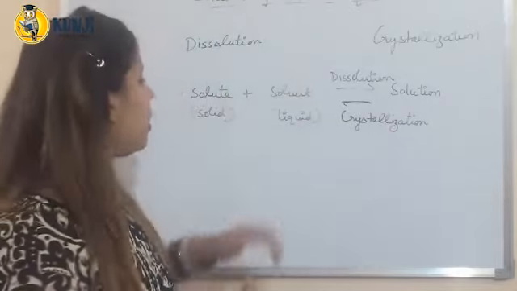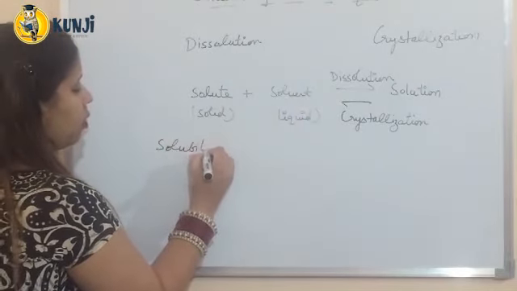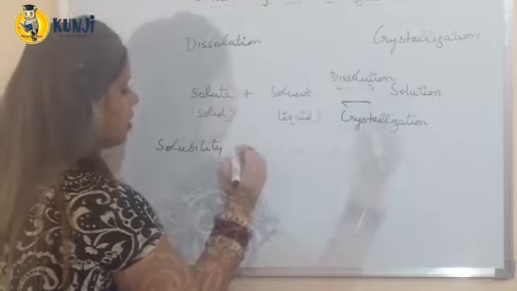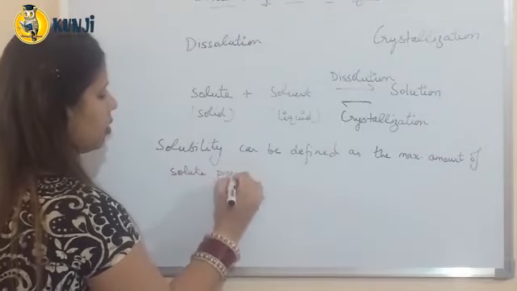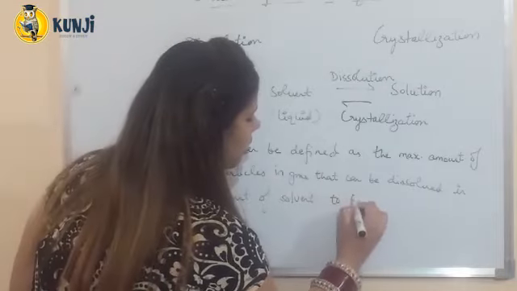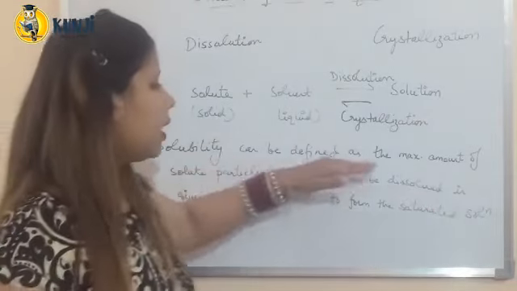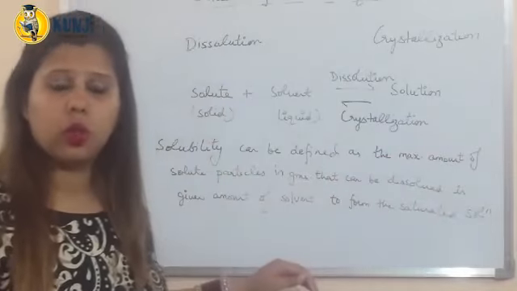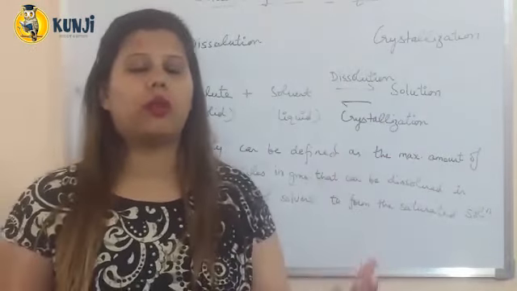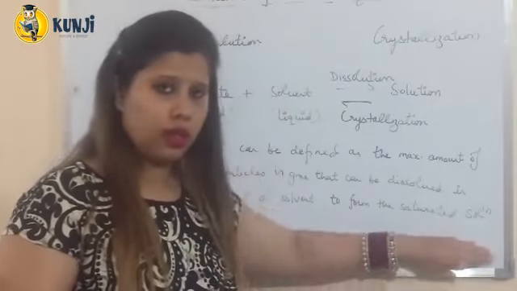So now we can define the solubility. How can we define the solubility? It is the maximum amount of solute that can be dissolved in given amount of solvent to form the saturated solution, right?